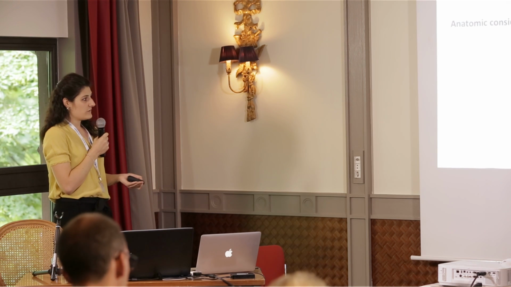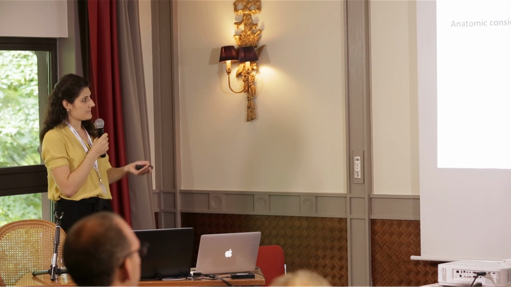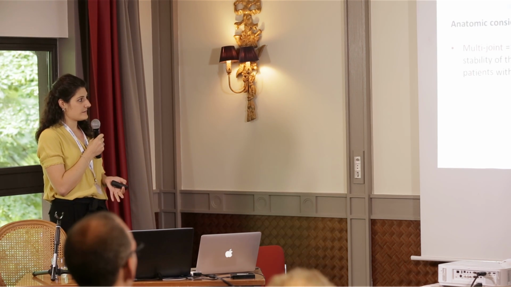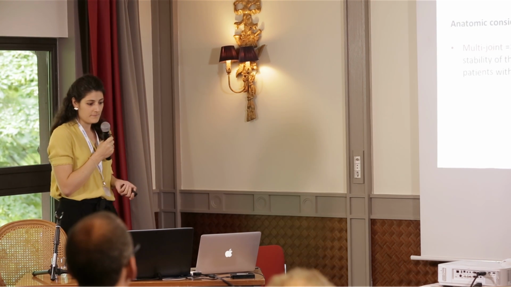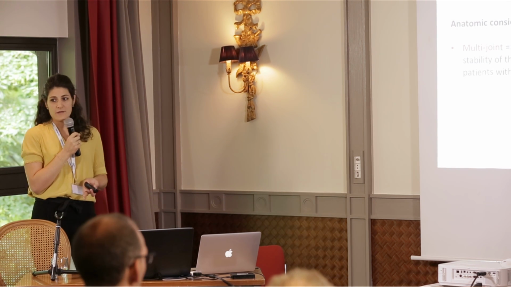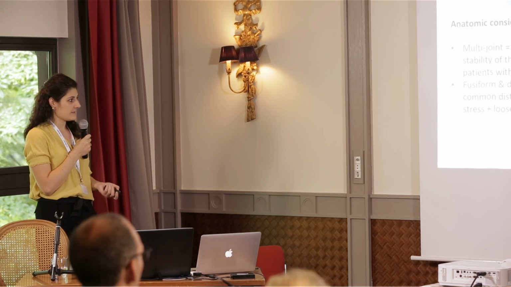Because when you look closer at the anatomic considerations, the biceps brachii is a multi-joint muscle, so its strength depends on the stability of the scapula, and we know that this is not the case for patients with hemiplegia.